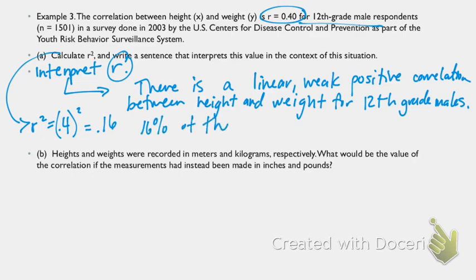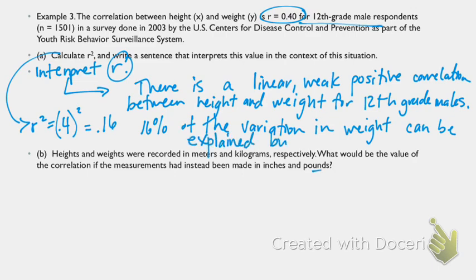So 16% of the variation in y, which is weight, can be explained by the LSRL, which we don't know yet, but essentially it's the line of best fit for all of the points. We'll learn it next class. It's always LSRL.